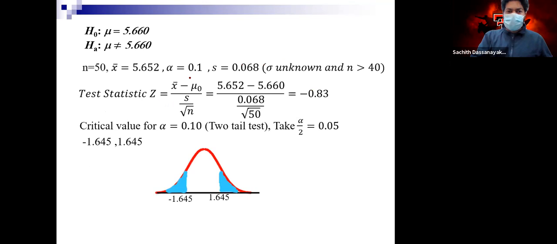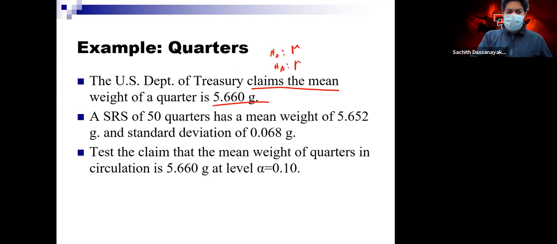This is a two-tailed test, since the claim is that the mean is not equal to this value, 566. I thought these were three different things, but this is just one question.